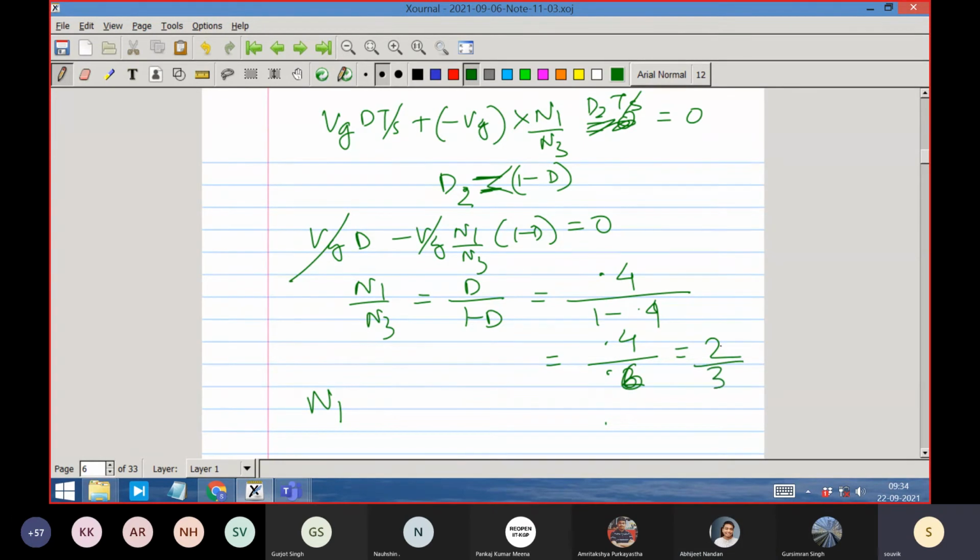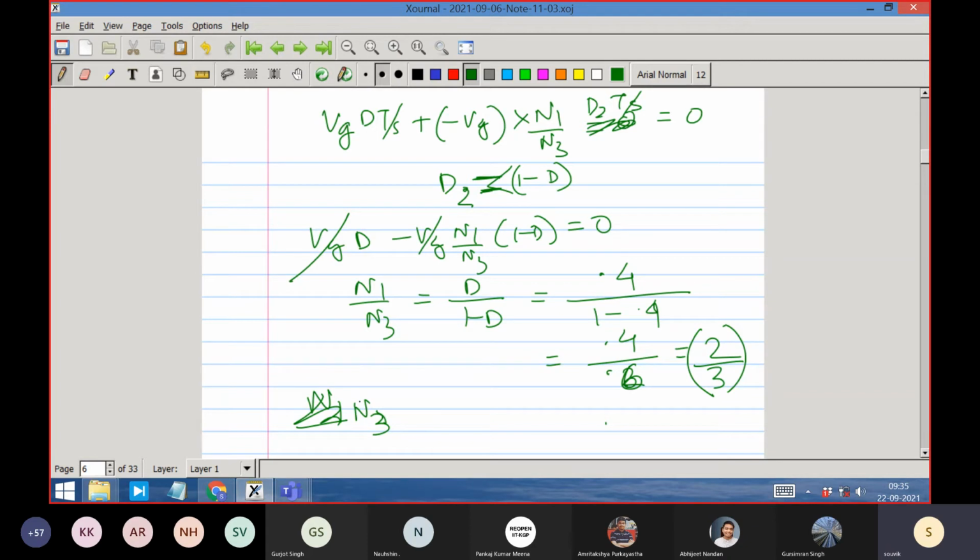So the maximum turns ratio we can have is that N1 by N3 has to be at least this. Right. Did I do N1 by N3 correctly? Yes.